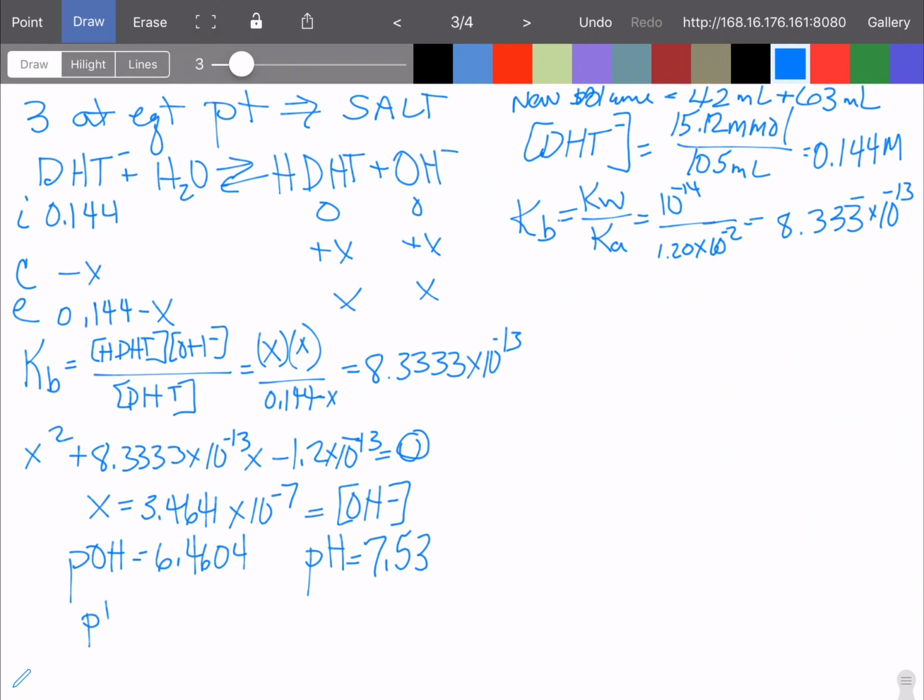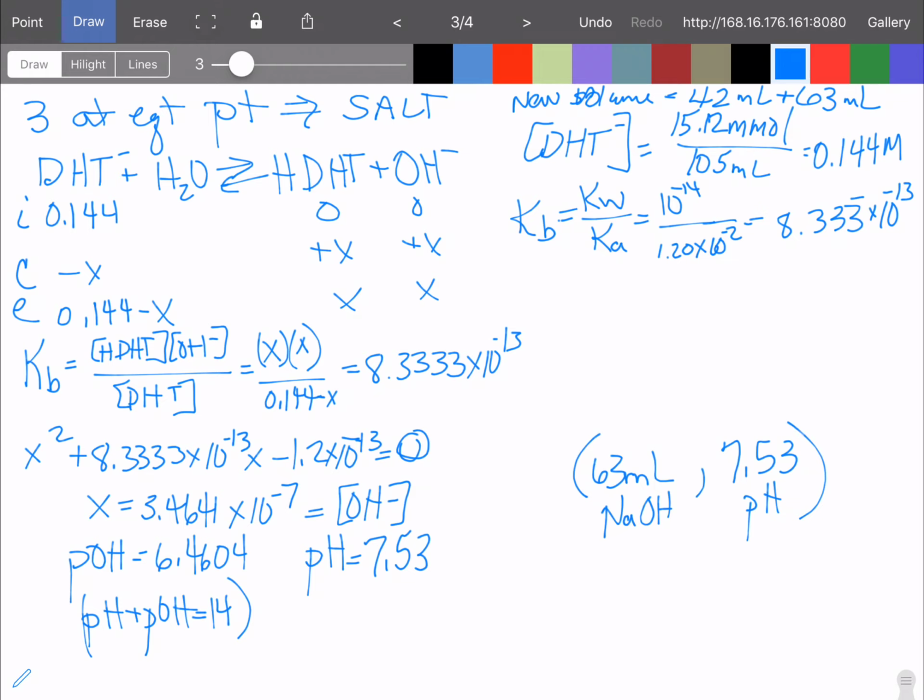Because remember, pH plus pOH is equal to 14. So my point number 3, we're going to be at 63 milliliters of sodium hydroxide. And our pH is now a whopping 7.53.